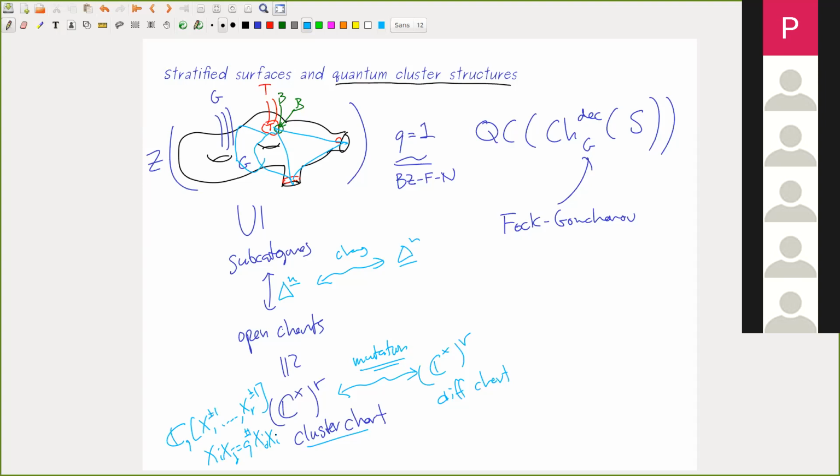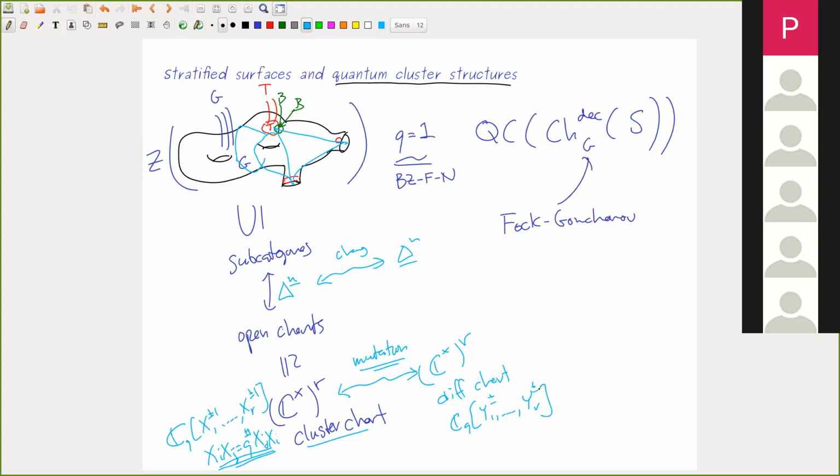Somehow they're able to understand these charts enough that they can understand the canonical Poisson bracket, and they just declare these charts. They say, our quantization will be this chart, and this will have its own quantization as well by some other variables.